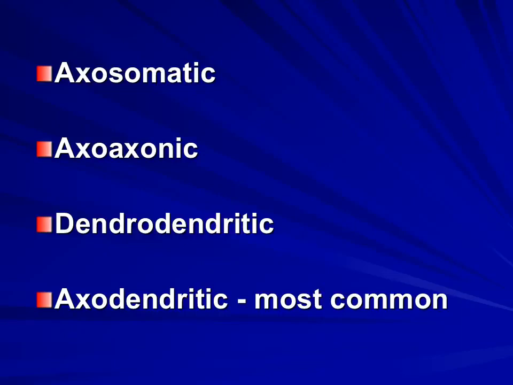So I just want you to know there's more than one way for neurons to communicate, but the basic structure that we learn is the axon of one cell communicates with the dendrite of another. There could be a board exam question that says which of the following is the most common way for neurons to communicate.